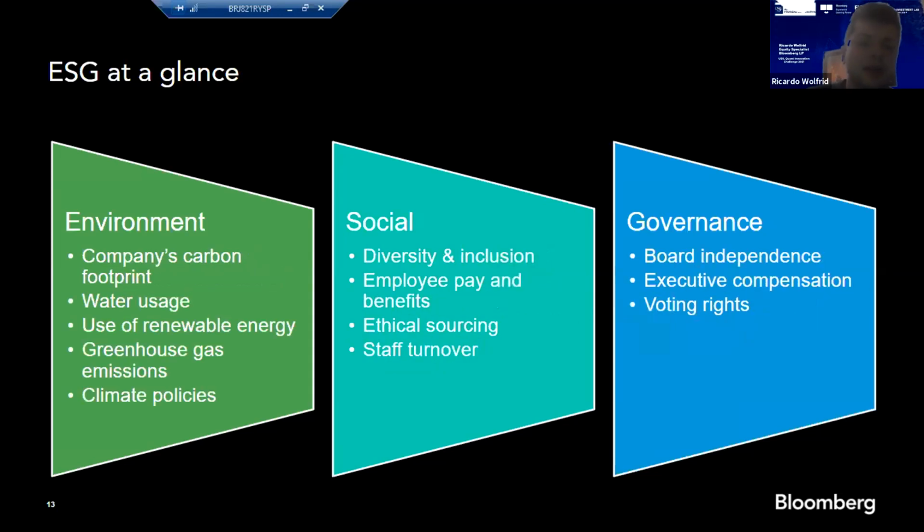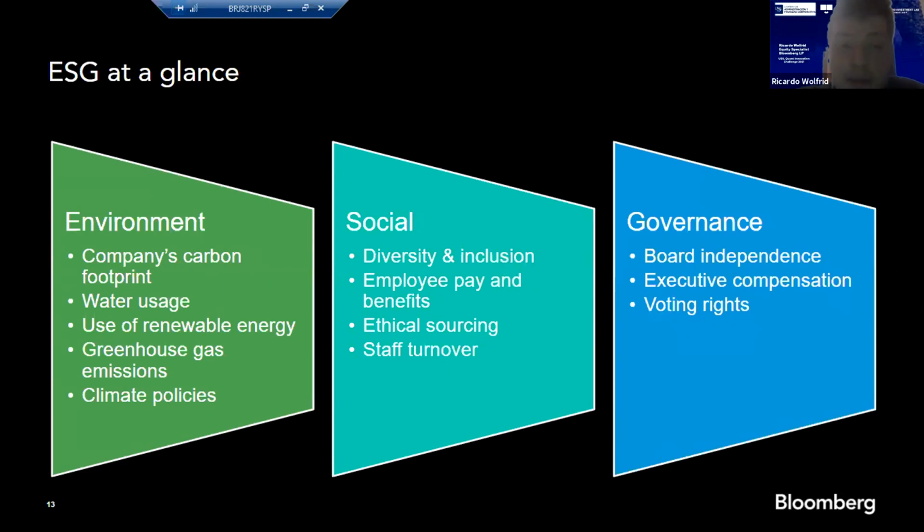More indicators regarding ESG data. We are talking about climate policies. We are talking about water usage. In the next slides, I'll show you a very interesting chart using environmental data. Again, social: we are talking about the number of employees in the company, diversity and inclusion, percentage of women on the board of a company.